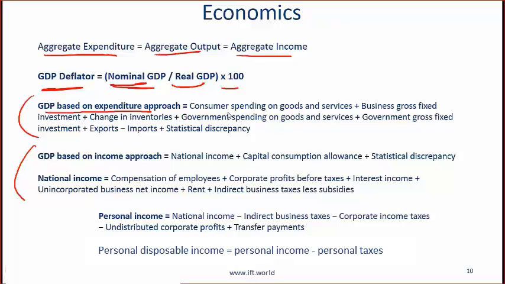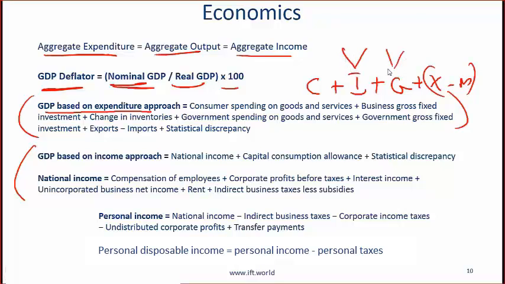Very broadly speaking, this is consumer spending plus government spending plus business spending plus net exports. Now, that is written in a somewhat complicated way over here, but the simple way of writing it is consumer spending plus investments plus government spending plus X minus M. And here sometimes we split the investments into different kinds of investments and split the government spending into different categories.